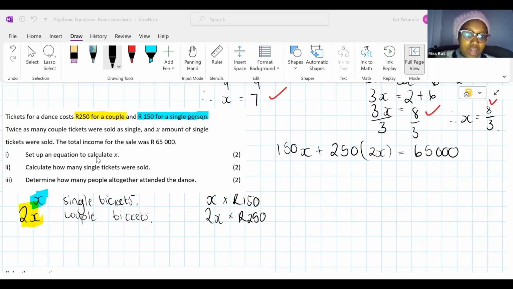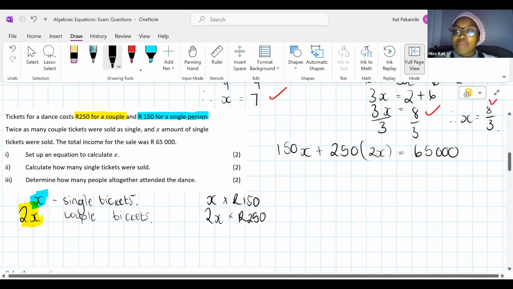Okay, let's look carefully, guys. We have the price for a couple ticket, which is 250, right? We have the price for a single person ticket, which is 150, right? And then they say to you, there were X single tickets sold. So I'm writing there were X single tickets sold, and there were twice as many couple tickets sold.